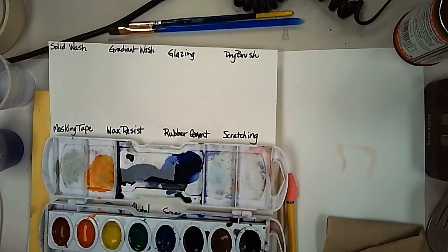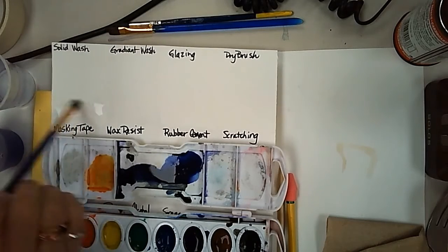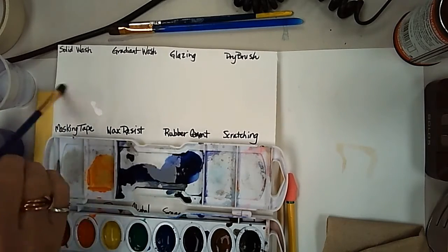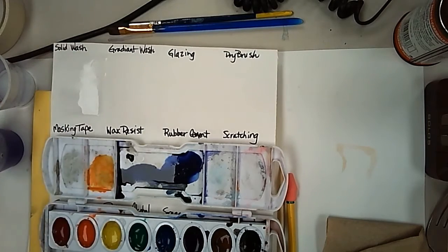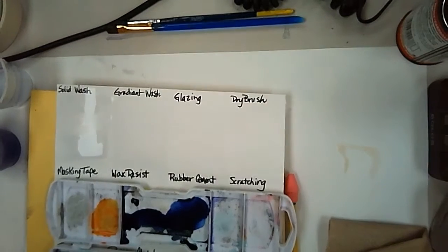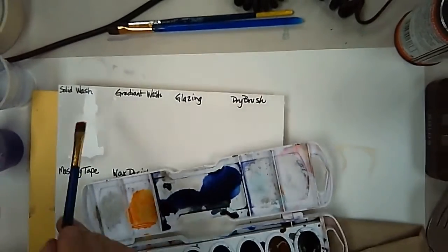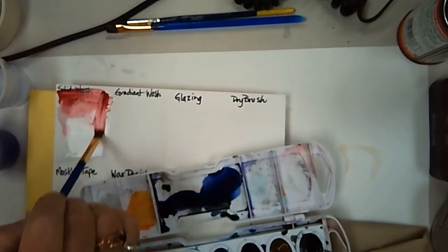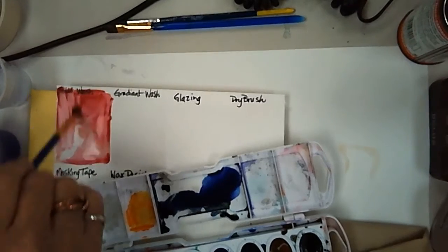Okay, the first one you have is a solid wash. So you're just going to paint. A wash starts with literally you're washing it with water, and you're going to just paint it like this. I'm going to take some red here in my palette, and I'm going to just lay it in here like this and spread it around.